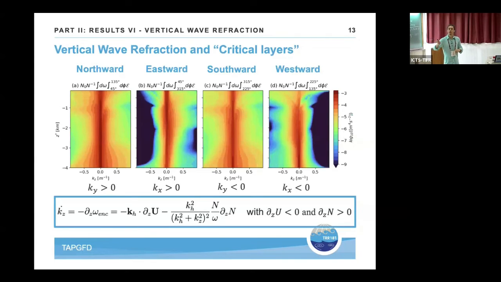Now, the vertical refraction, the argument is similar to a critical layer. A critical layer is just a very special case where you only have vertical shear in the mean flow. Here, this is an eddy, so we have also horizontal shears, but the argument is the same. Here we are located now at the northern eddy rim, where the mean flow has this vertical shear.